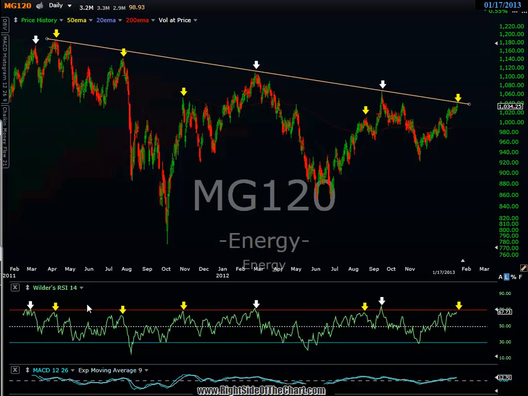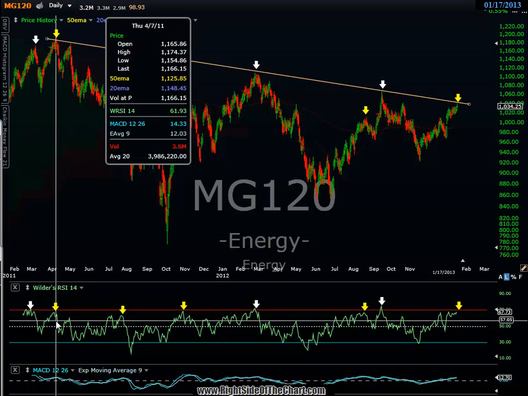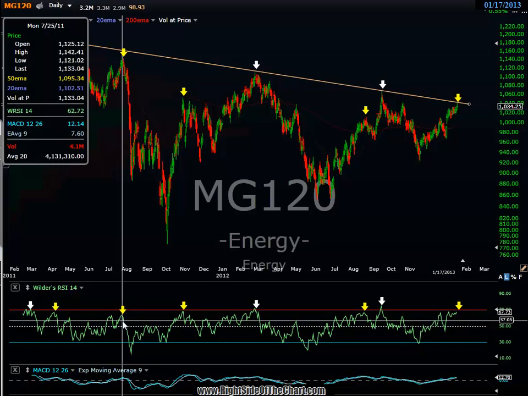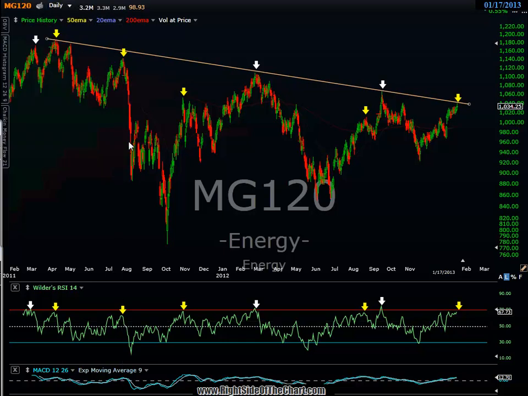And some, like the energy sector here, I've noted in these yellow arrows readings that fell just short of the 70 level. So we could really say that maybe 75, 78 is overbought in the energy sector, because if you take a look at the yellow arrows, you'll see that those have also led to significant tops, in some cases even larger corrections than some of the white arrows.